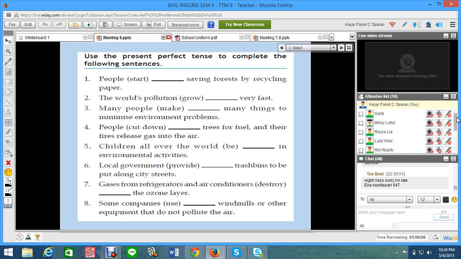Number 1, Mbak Teguh first. Number 2, Mbak Minzi.